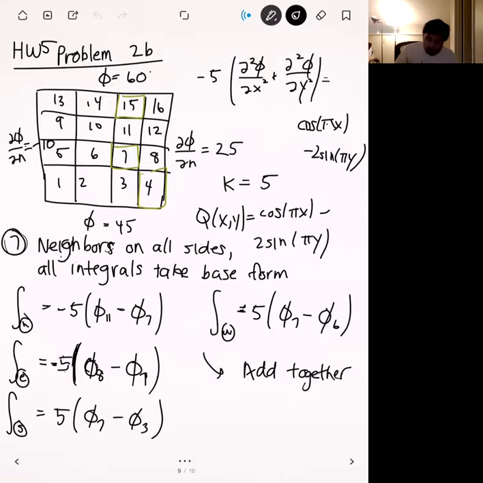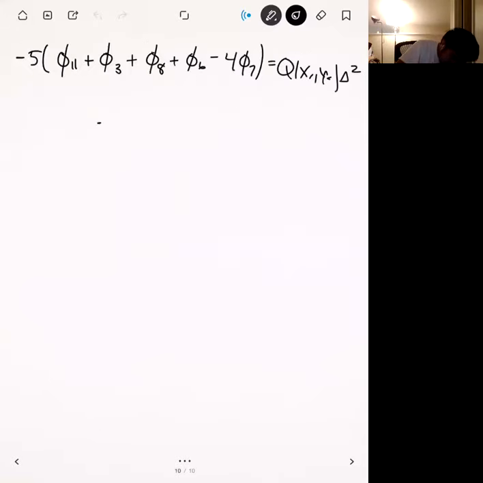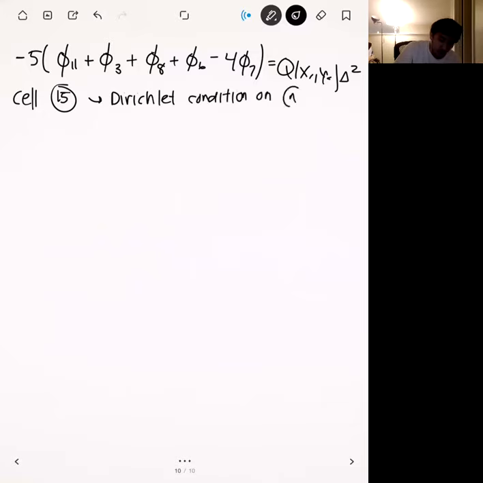And so now let's do cell 15. Right. And so for cell 15, what we have is a Dirichlet boundary condition on the north face. Right.